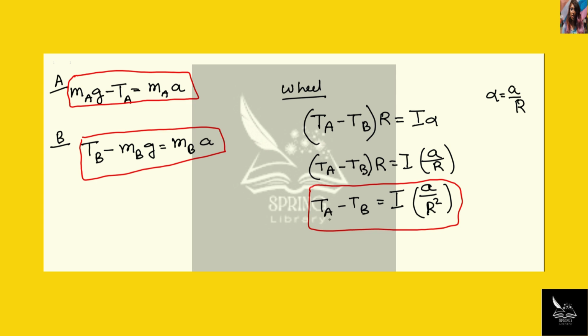Now if we combine these 3 equations, we'll get MA minus MB times G, which is equal to MA plus MB plus I over R squared times a.